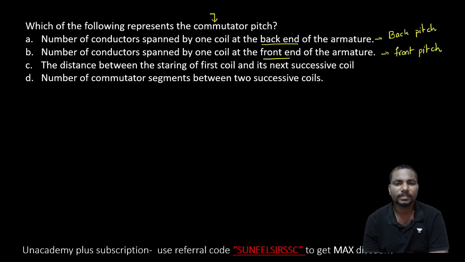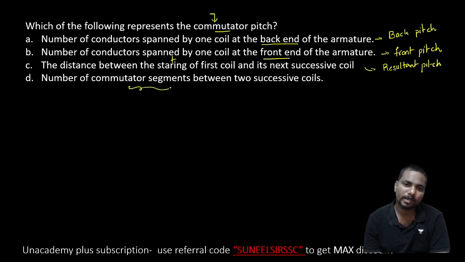The distance between the starting of the first coil and its next successive coil is the resultant pitch or winding pitch. And as the name itself says, the number of commutator segments between two successive coils is the commutator pitch. As the name itself, we have the answer. Commutator pitch. So the answer is option D.